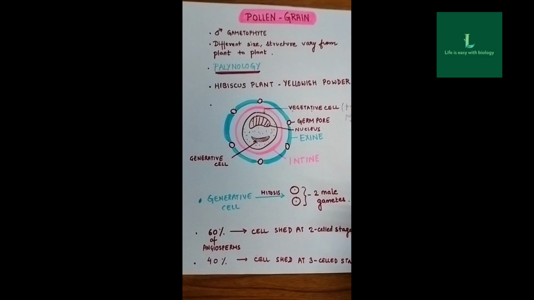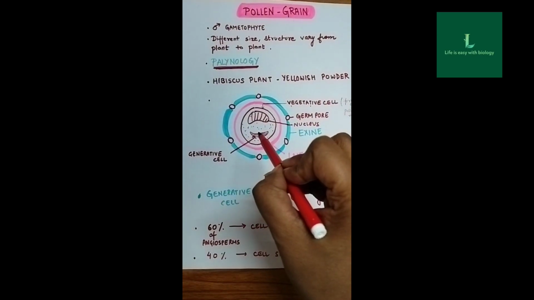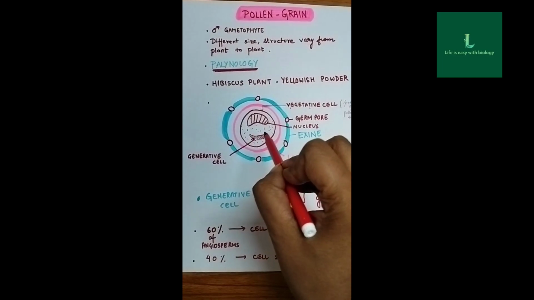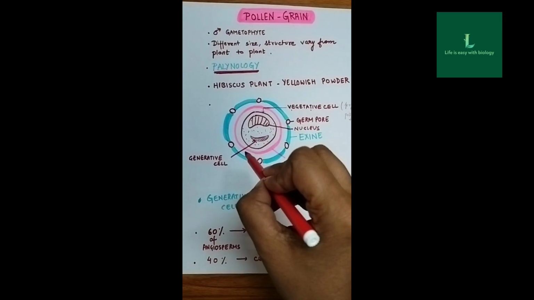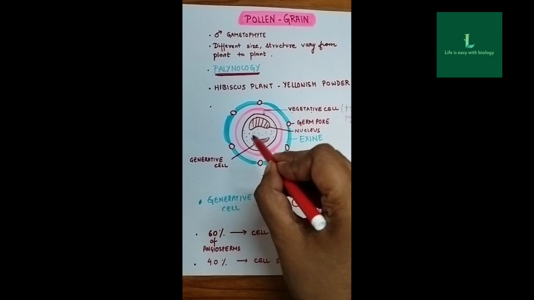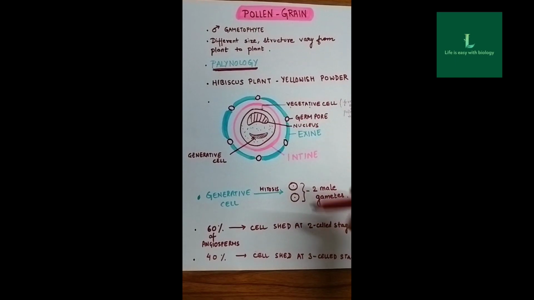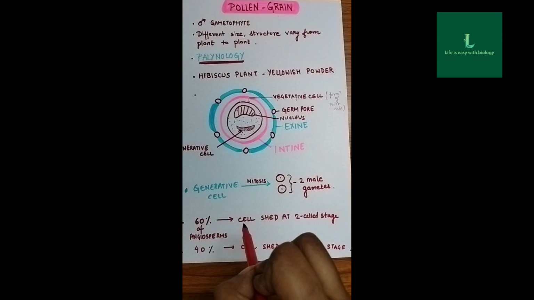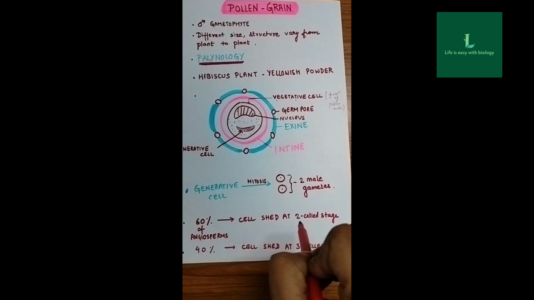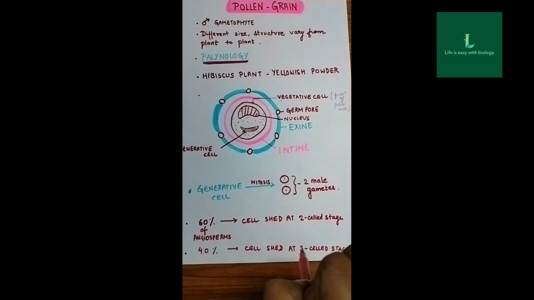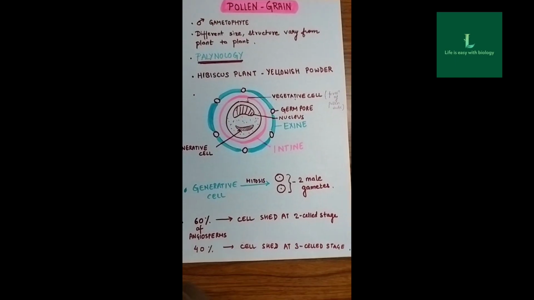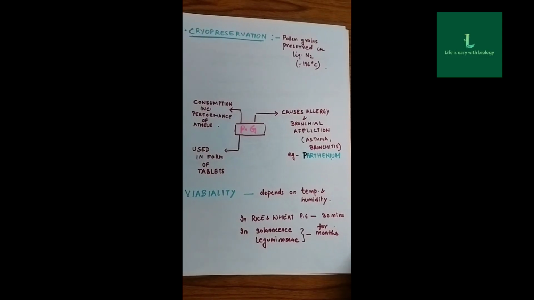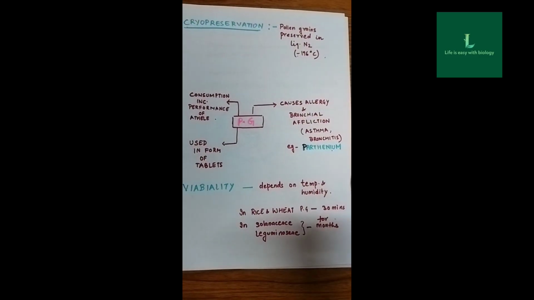And in 40% of angiosperms, this generative cell divides to produce two male gametes. So how many cells in total students? One vegetative cell and two male gametes, so three-celled. This is what is mentioned in your books: 60% of angiosperm pollen grains are shed at the 2-celled stage, and 40% are shed at the 3-celled stage.